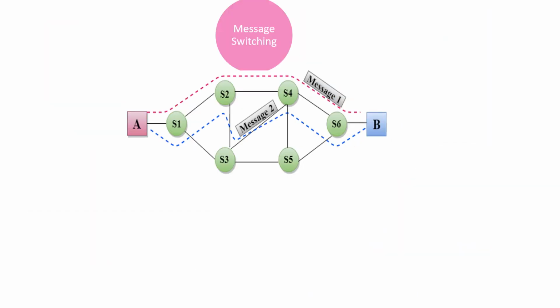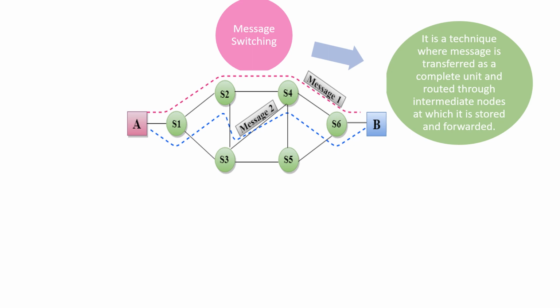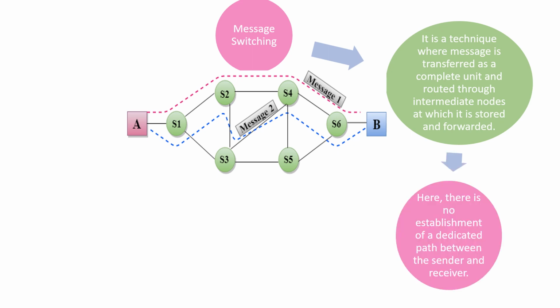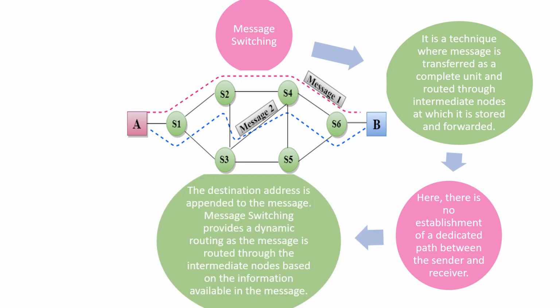Next, we can see what is message switching, and this is a technique where the message is transferred as a complete unit and routed through intermediate nodes at which it is stored and forwarded. And each message is stored at each node, and it is forwarded to the next node. Here, there is no establishment of a dedicated path between the sender and receiver.